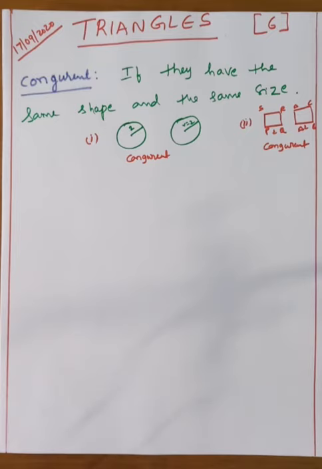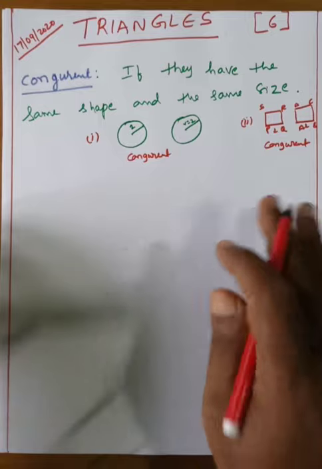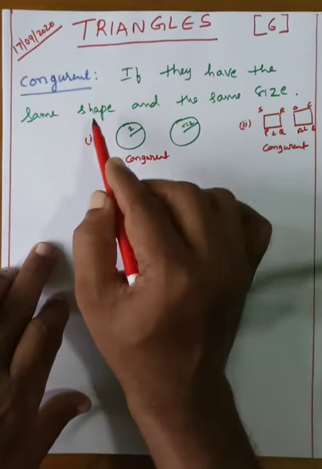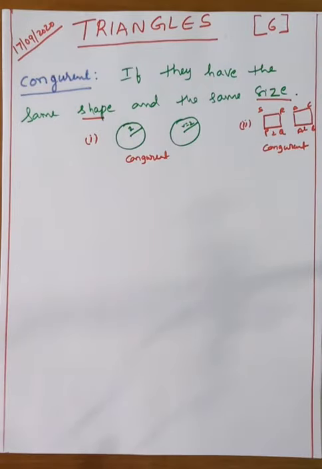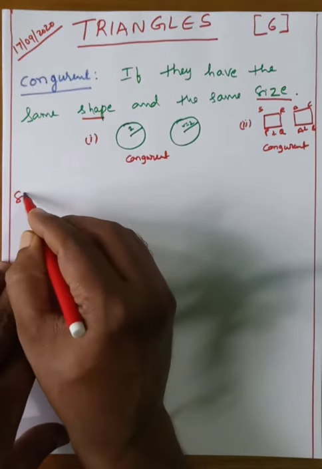Those figures which have the same shape but not necessarily the same size are called similar figures. Congruent means both shape and size must be the same. Next, this is called similar figures.